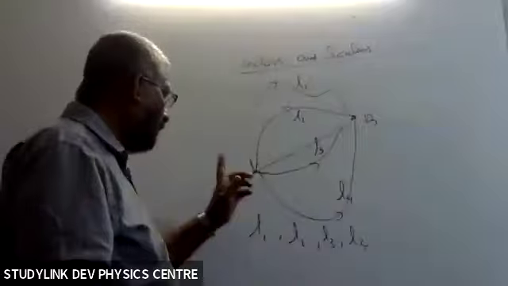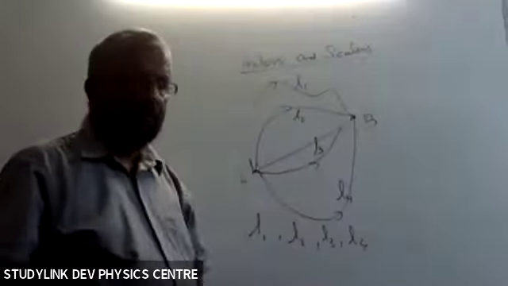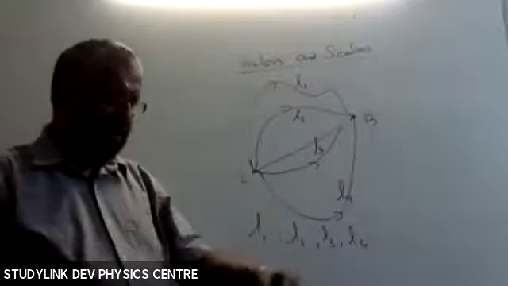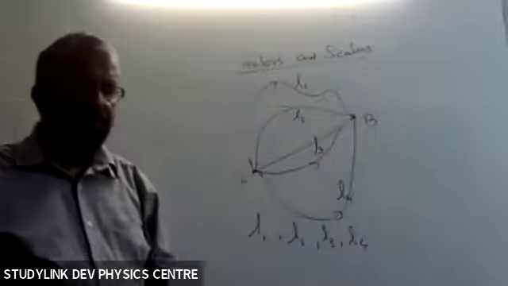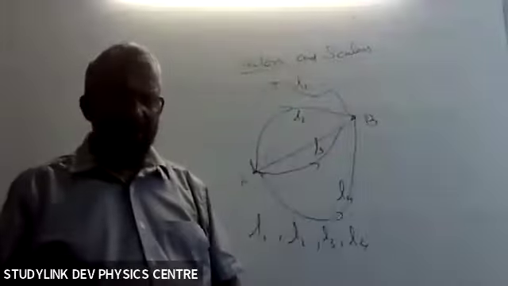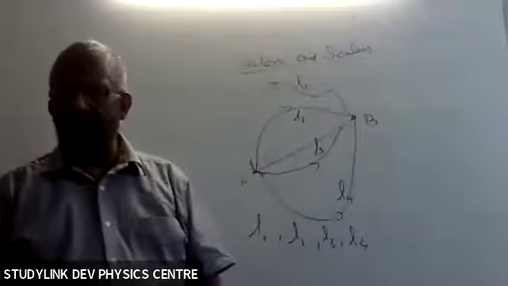But we have to tell the direction. Direction is from A to B. It should be the shortest distance, then it is a straight line, and direction must be said. But in O levels, they don't mention the direction that much.